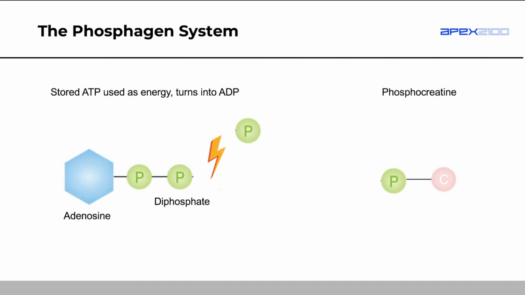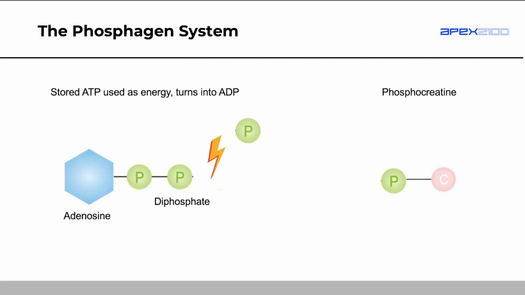Okay, so let's see how this actually works. So we've got a stored ATP that we've used as energy, and we've turned that into ADP. You can see within this first diagram here, I've used that ATP, I've turned it into energy. Now I'm left with adenosine diphosphate and a random phosphate group.